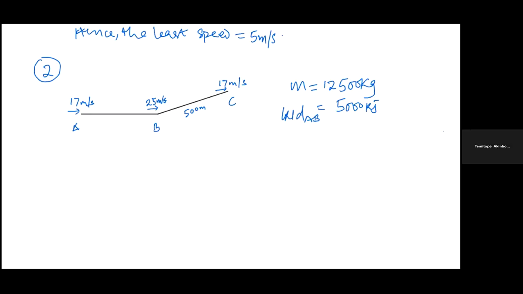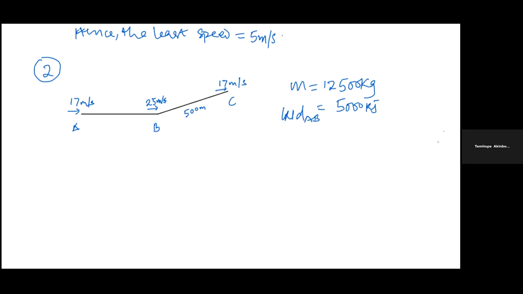Question B. As the lorry travels from B to C, the resistance to motion is 4,800 Newton, and the work done by the driving force is 3,300 kilojoules.